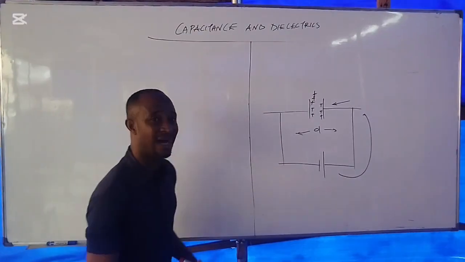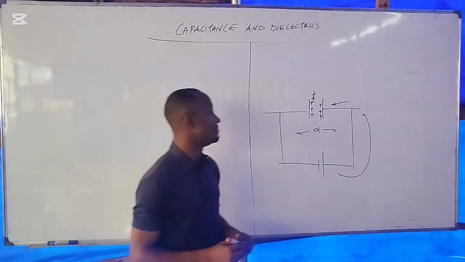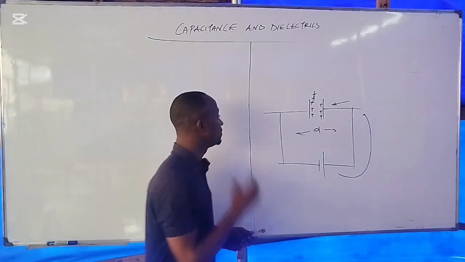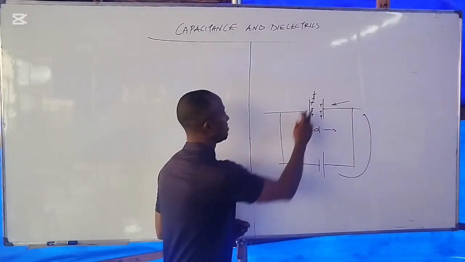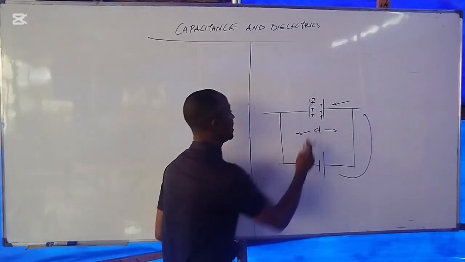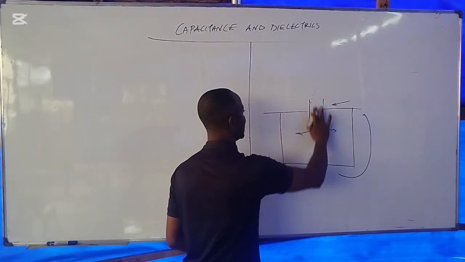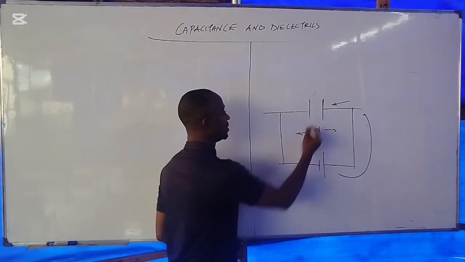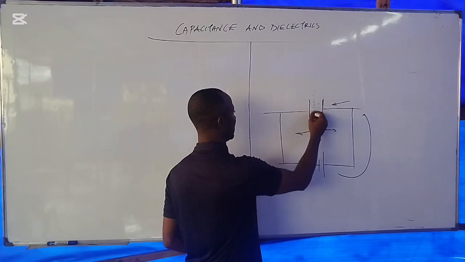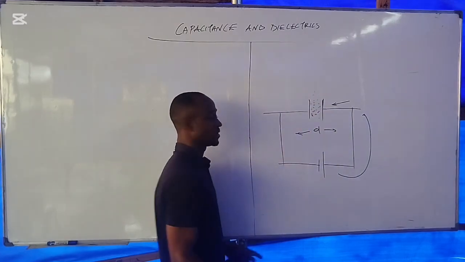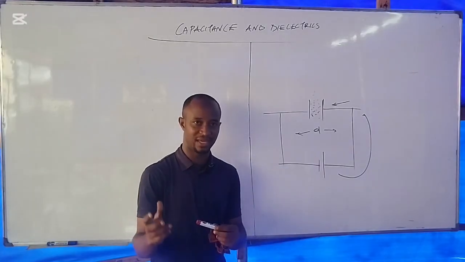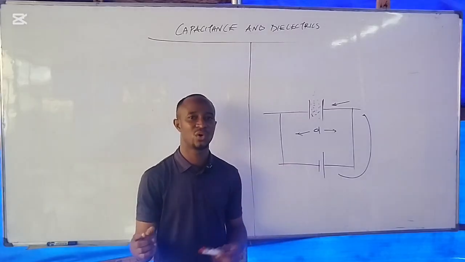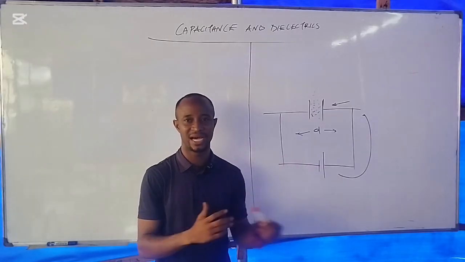So follow me. Now look at this. Remember I said that a capacitor remains uncharged until a battery is connected to it. But let's say we are talking about air. If air represents the dielectric material, that means if, for example, we fill up here with air or vacuum, just an empty space. There is an issue with the use of air as a dielectric material because air at a higher voltage can ionize.